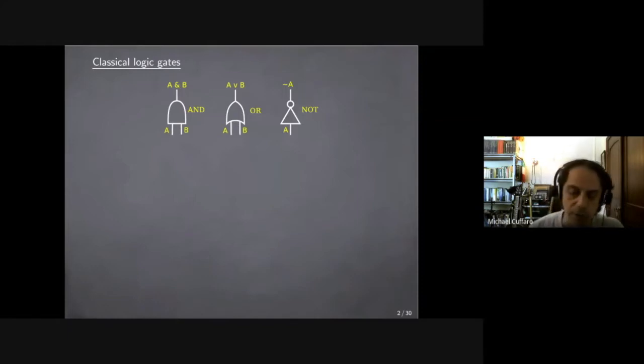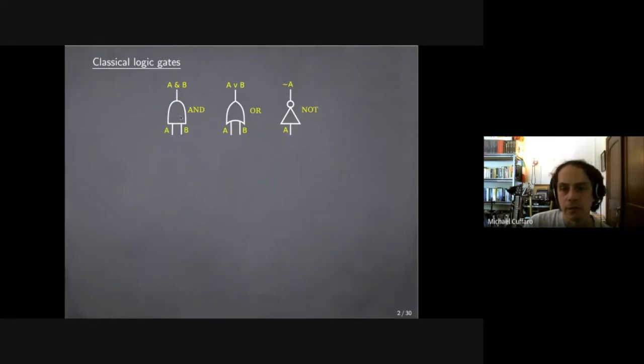So they're polynomially interconvertible in that way. And so for the rest of the lecture, we'll be talking about circuits, both in the classical context as well as in the quantum context that we'll get to a bit later.